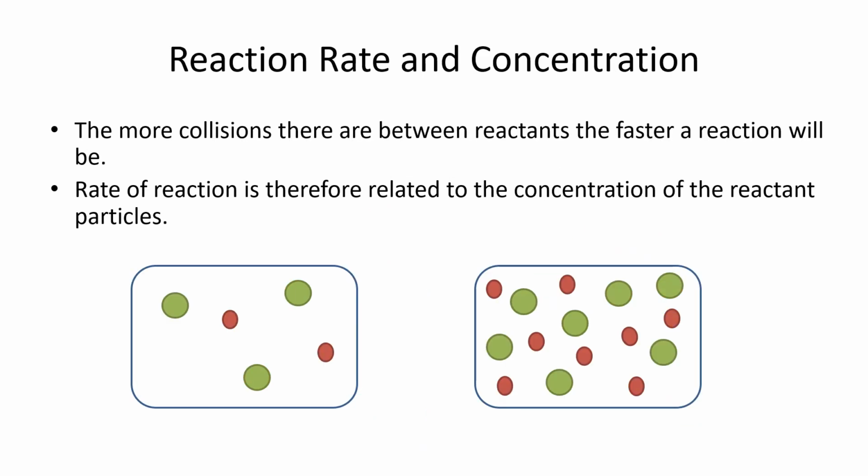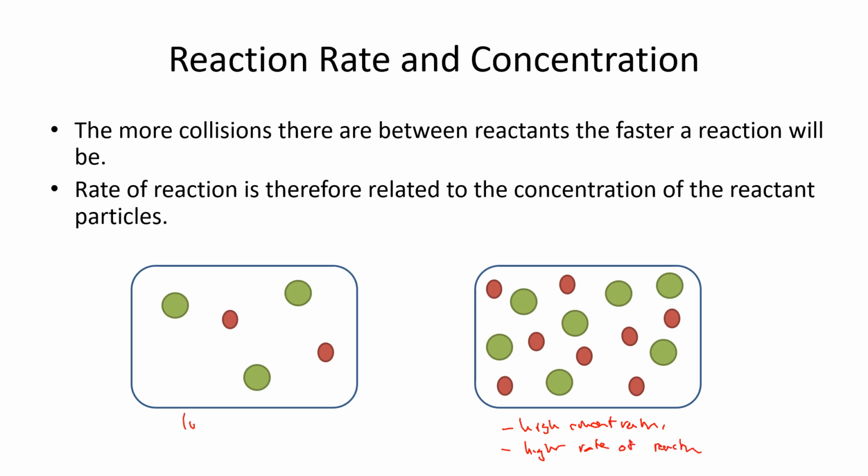Now, concentration, most people can figure out pretty intuitively. If particles require collisions in order to react, and they're spread out, then a collision becomes less likely. So at high concentration, you've got much higher odds of particles meeting each other, and therefore you're going to get a higher rate of reaction.